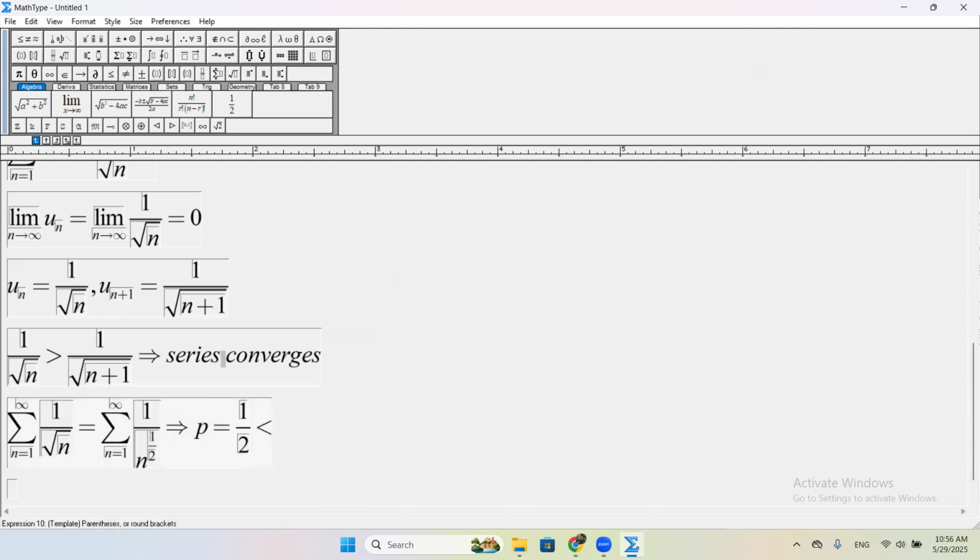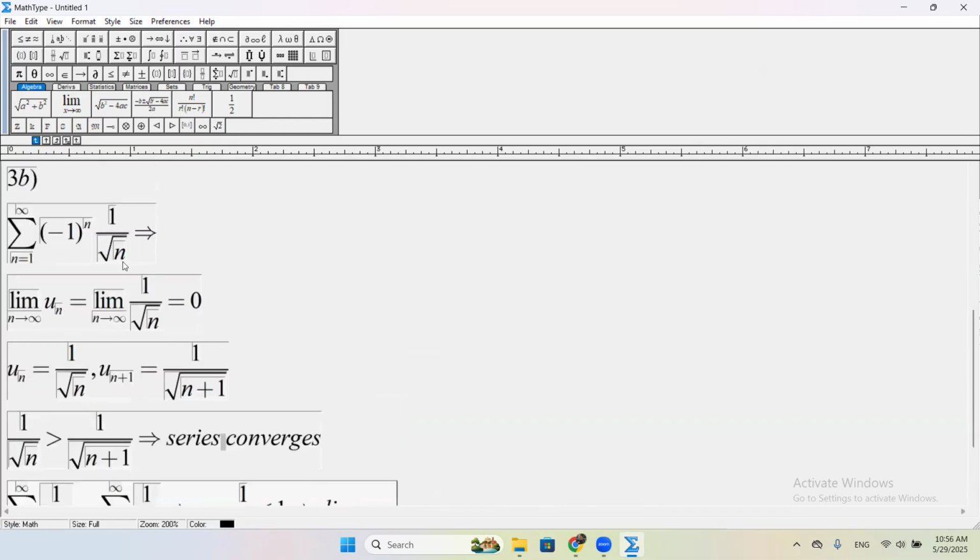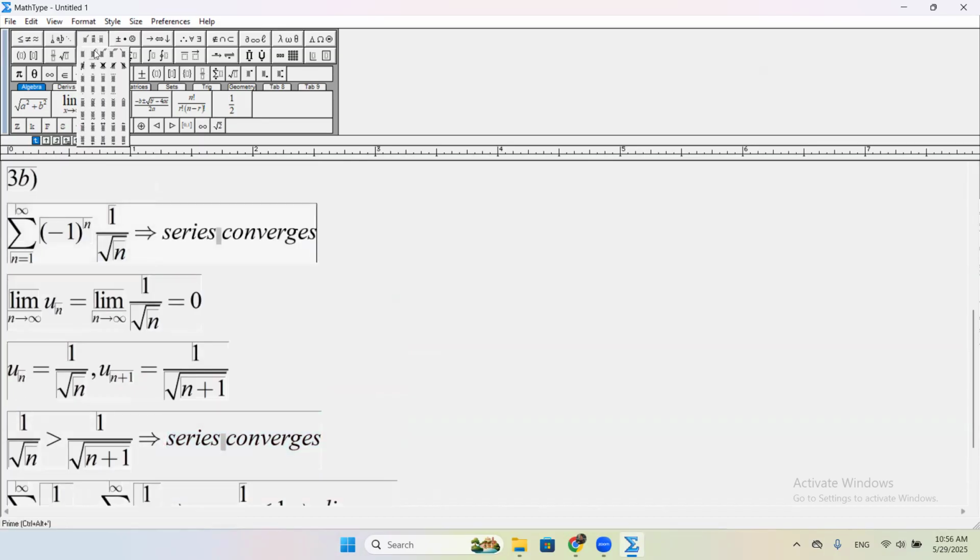It is less than 1. So this generalized harmonic series diverges. And as the series based on modules is divergent, it means that the initial series converges conditionally.